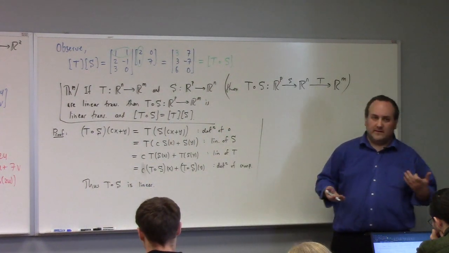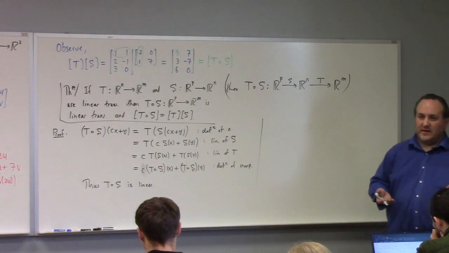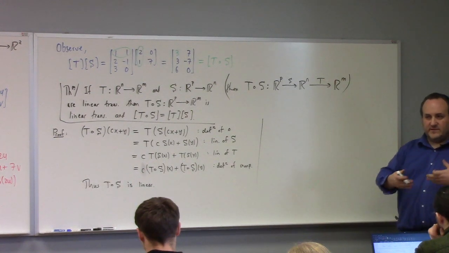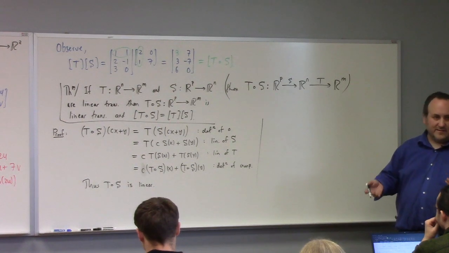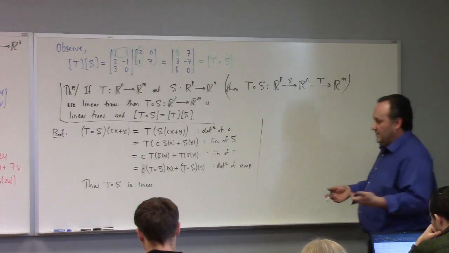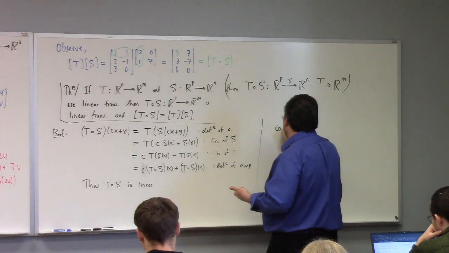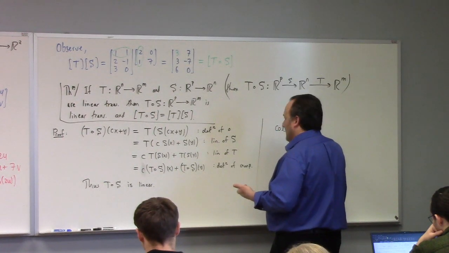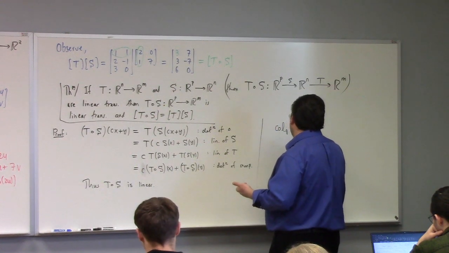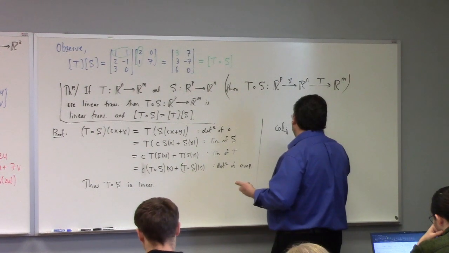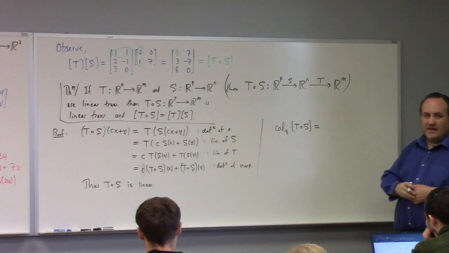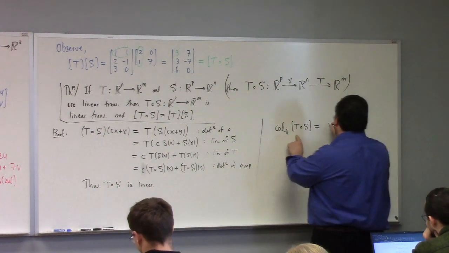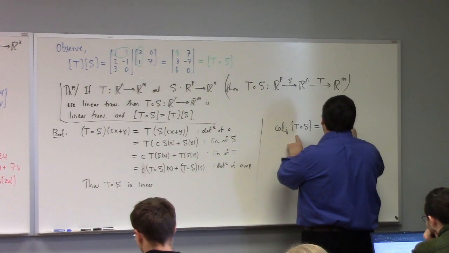How do you calculate the standard matrix of a linear transformation? What's our definition? The easiest definition, I think, is the one that's based on columns. So let's work it out. What's the jth column of the composite? We take the composite, T composed with S, and we feed it what?